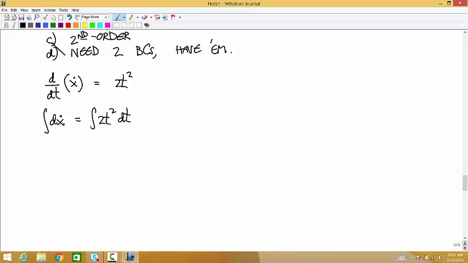We can integrate that. The idea here is this x dot is our variable. We could have called that something else, z, and gone through it that way. But if you take the integral of dx dot, you get x dot. Take the integral of this stuff and you get 2t cubed over 3 plus a constant of integration. I'll call it C1.